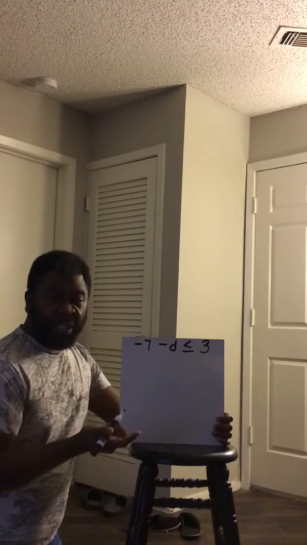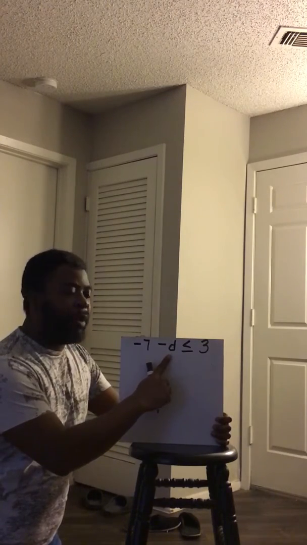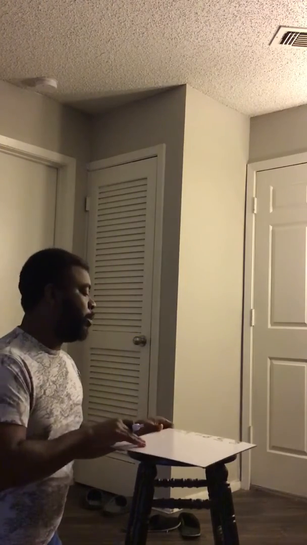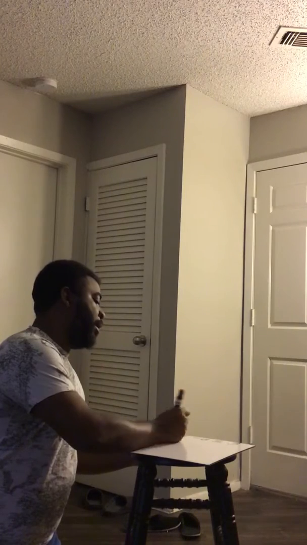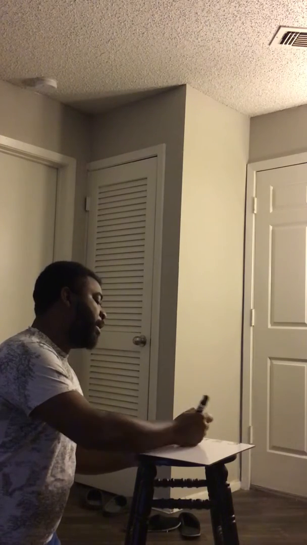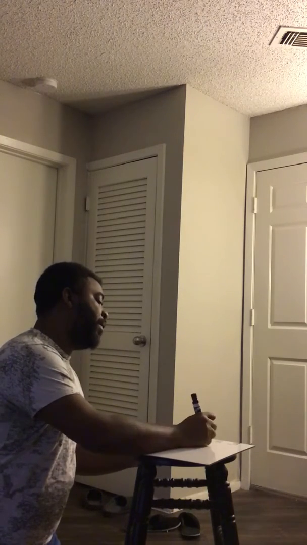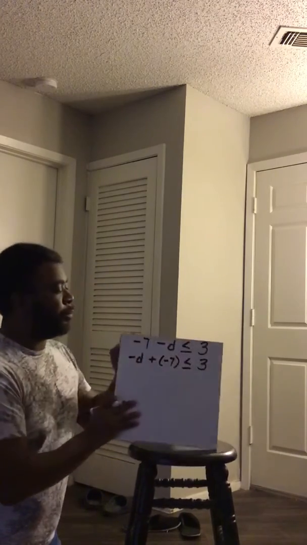Well, remember we wanted to rewrite our problem. We like to have the variable come first. So we have -D plus -7 is less than or equal to 3. Well, how did I get that?